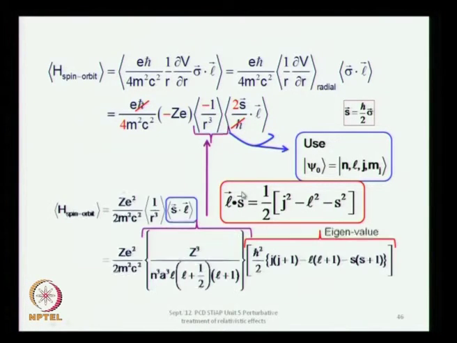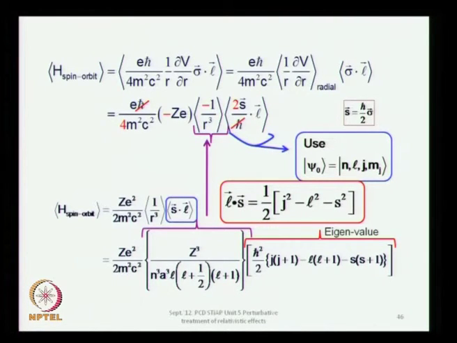So, from the eigenvalues of this half j square minus L square minus s square, you get half, then from j square you have h cross square j into j plus 1, from L square you have h cross square, minus, this is the minus sign, L into L plus 1, and then from s square you get s into s plus 1, but s is just the intrinsic property of the electron, so s is equal to half. So, you get half into 3/2, half into half plus 1.